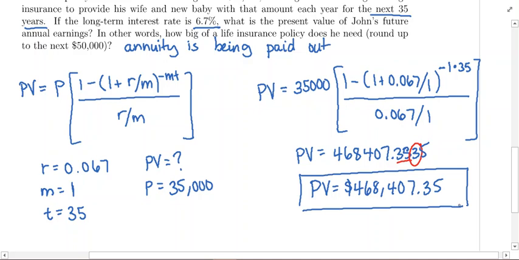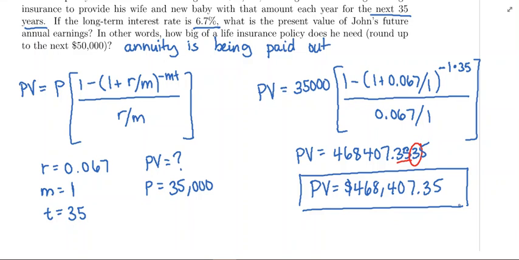You don't go to State Farm or whoever and say, oh, I need to buy $468,407.35 worth of life insurance. You don't have that kind of money sitting around. I don't have that kind of money sitting around. Basically, you have to buy a policy worth this amount. So you pay a monthly fee so that you have a life insurance worth this much.